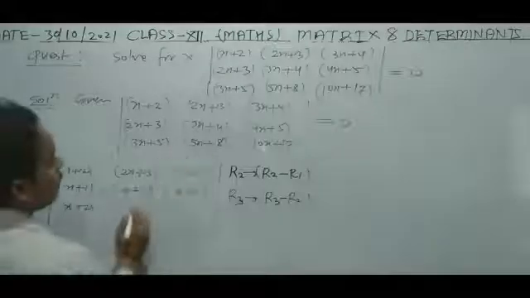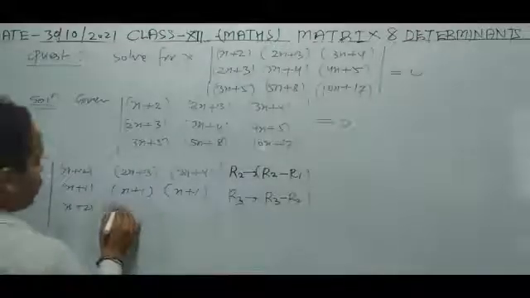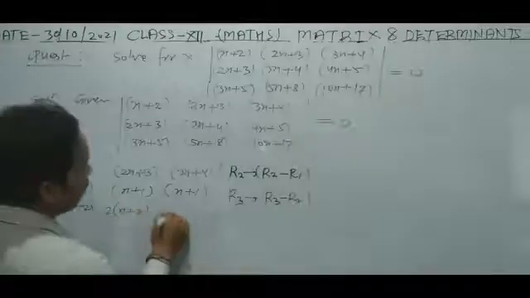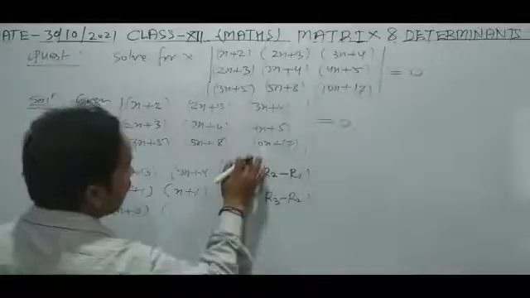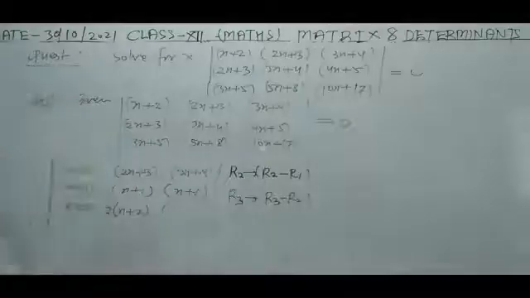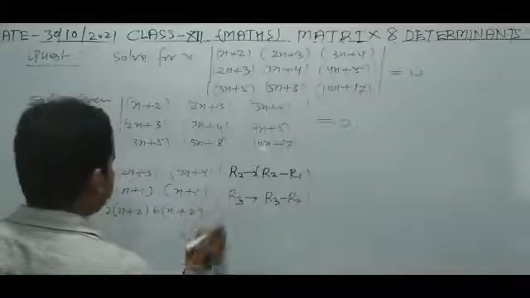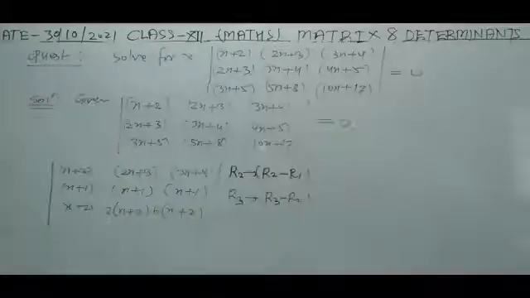Now this is 2x plus 4, means we can write 2 times (x plus 2). And now this is 6x plus 12, so 6 times (x plus 2). See. Now we can take common x plus 2 or x plus 1 from R2 and R3.